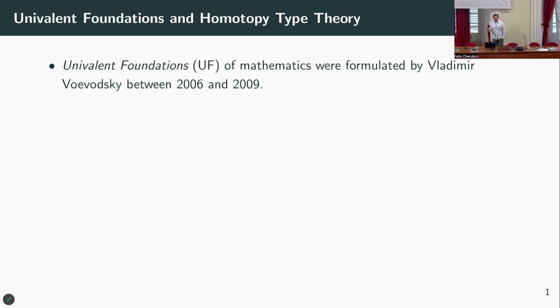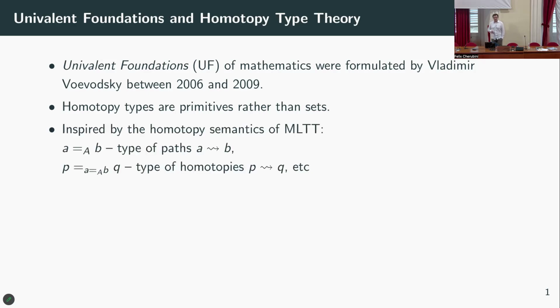Univalent foundations of mathematics were formulated by Vladimir Voevodsky between 2006 and 2009, although many people took part in it. The term univalent foundations was coined by him. The central idea is that homotopy types are primitives there rather than sets. That was quite a revolutionary idea.